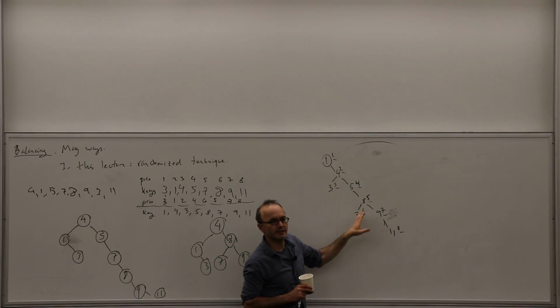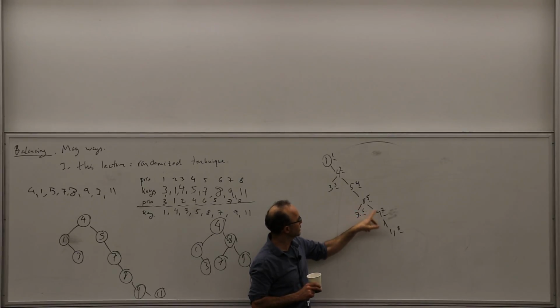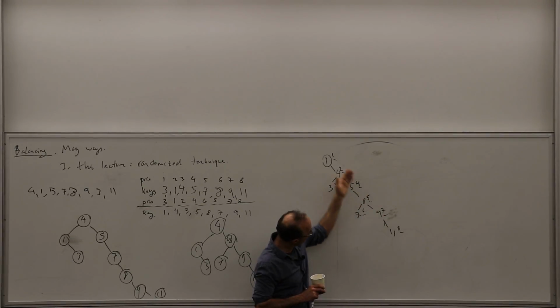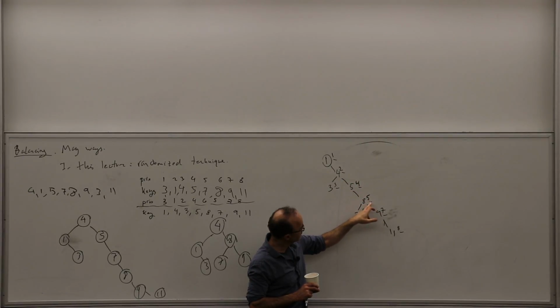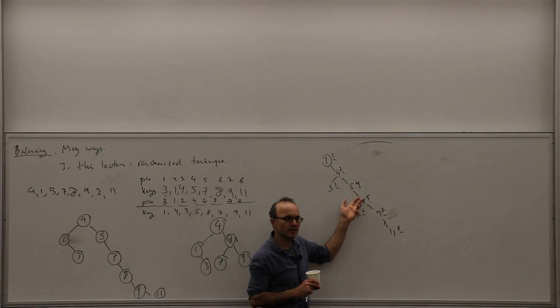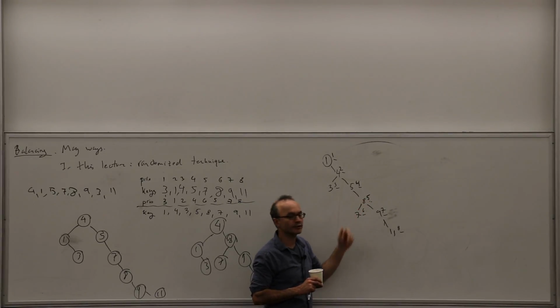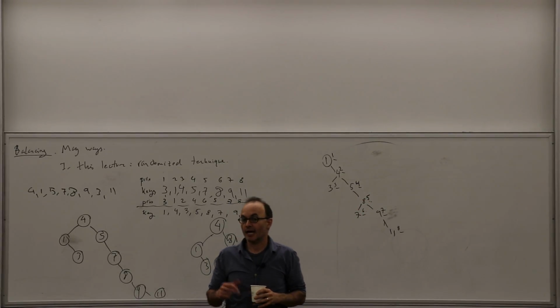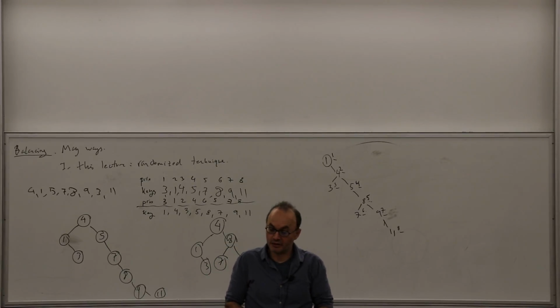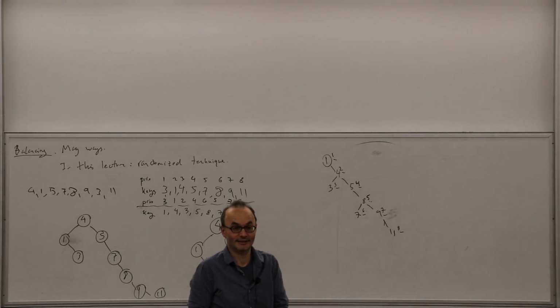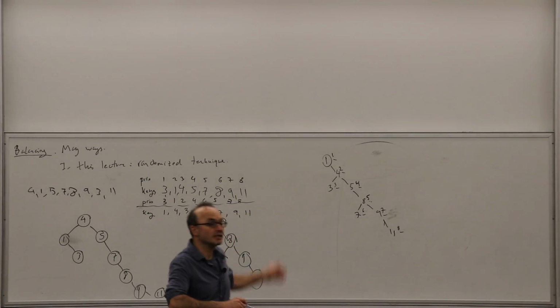They're not exactly tree ordered, because, for example, 6 is greater than 5, but it's on the left. But they are ordered in the sense that a node has higher priority, or lower priority, than its children. And you know a data structure that does exactly that. What is it called? A heap.